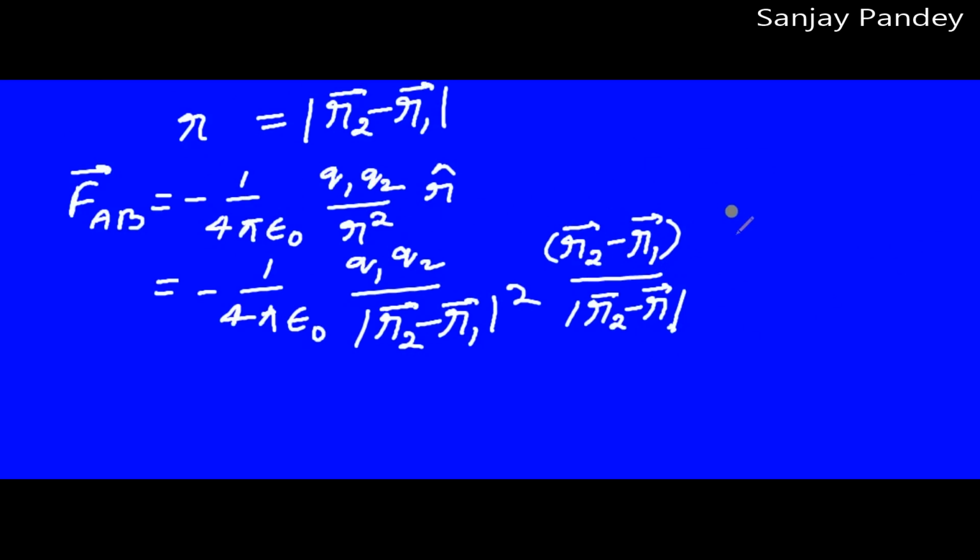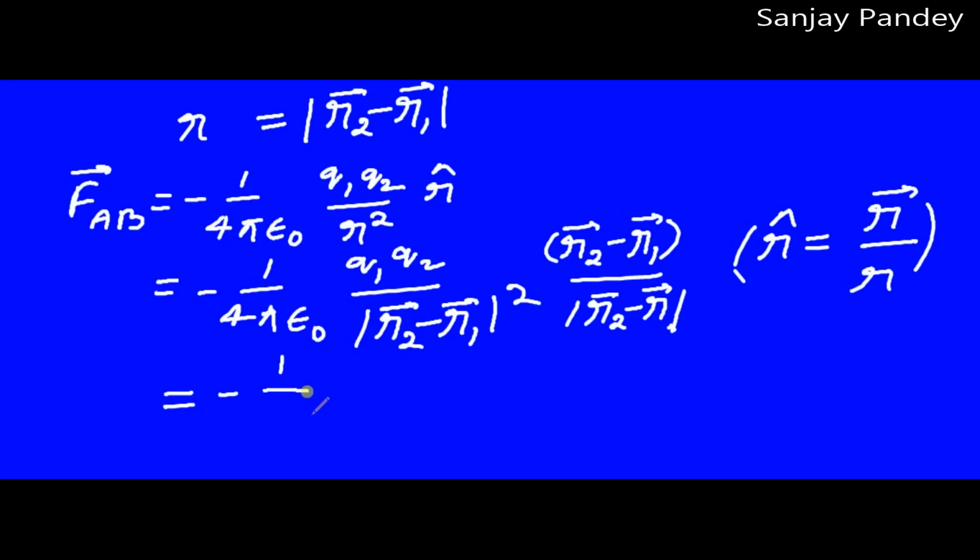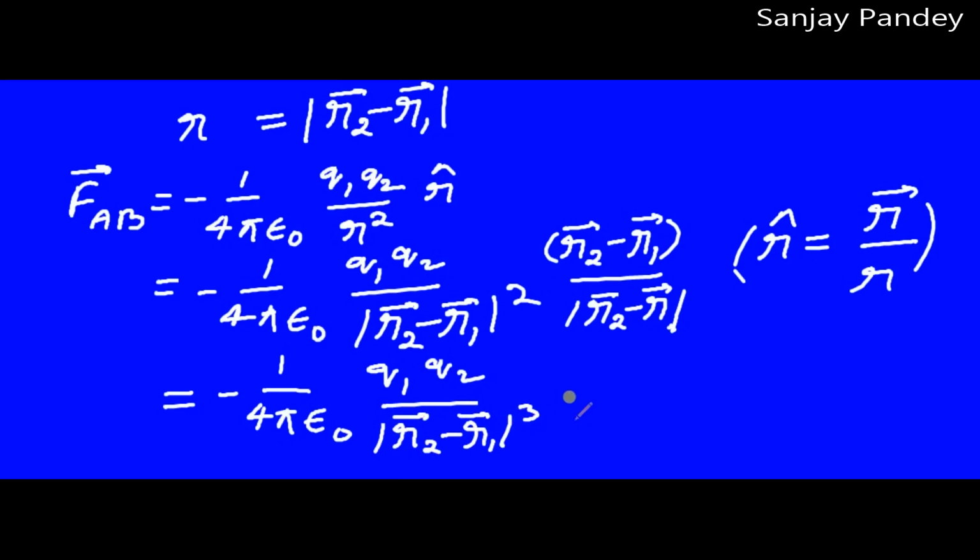As we know that unit vector r cap is equal to vector r upon magnitude of r, so F AB is equal to minus 1 upon 4 pi epsilon naught Q1 Q2 upon magnitude of (r2 minus r1) cube into (r2 minus r1).